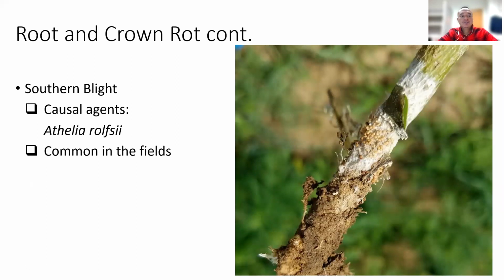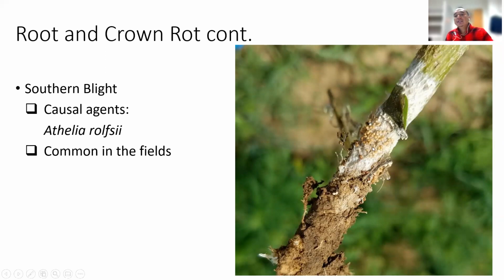Next is southern blight. This disease is caused by a fungus called Athelia rolfsii. Above ground symptoms can be yellowing and wilting, and white colony mycelium, as well as survival structures of this fungus.